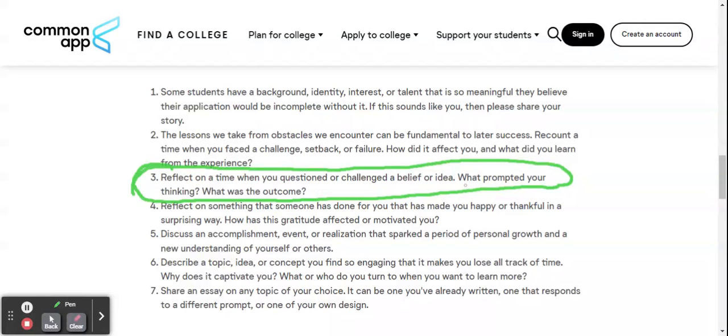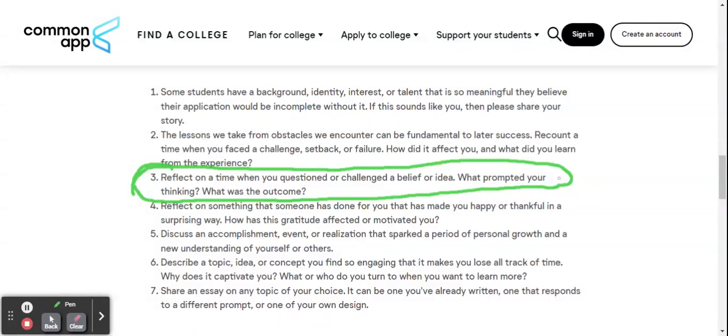And for this question, I want you to be thinking about, again, your own thinking. What were some of the outcomes? And thinking about how, when you questioned or challenged this idea or belief, it changed you as a person. You know how when you learn about conflict and when a character has internal conflict versus external conflict.